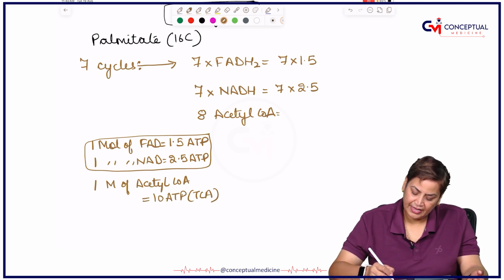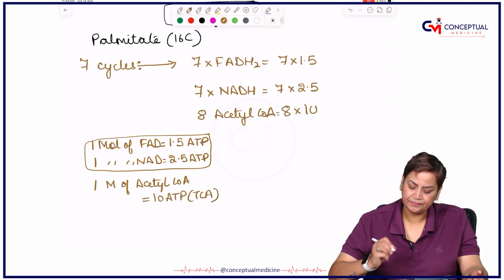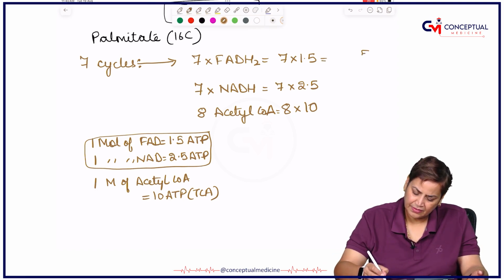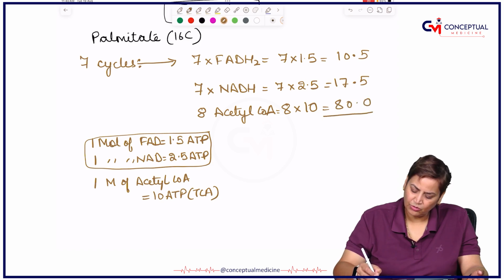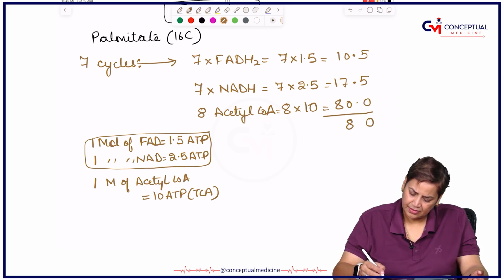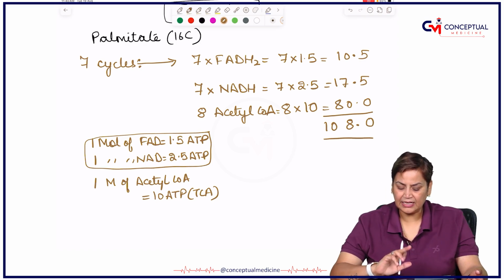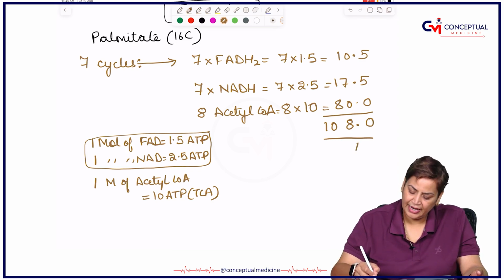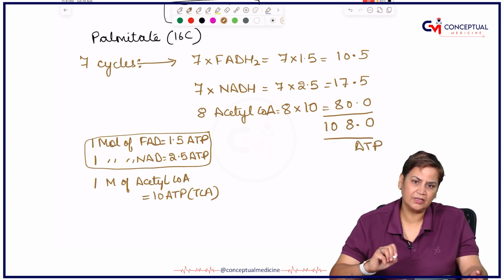So 8 will give 8 into 10. So if we calculate it, it becomes 10.5, 17.5 and 80.0, so it comes out to be 108.0. So we can say that one molecule of palmitic acid will give 108 ATP molecules.